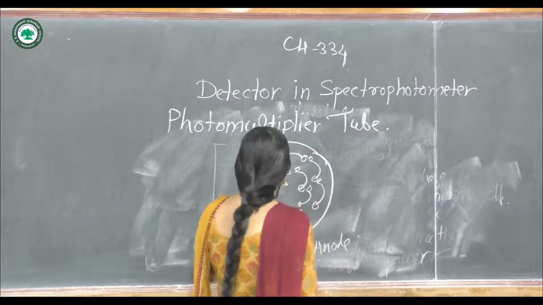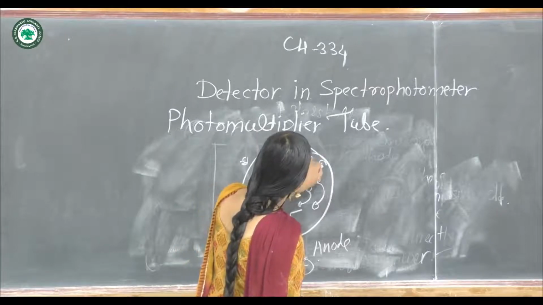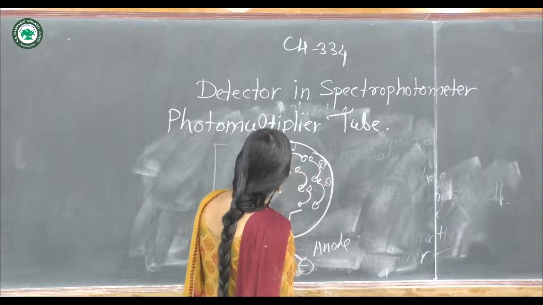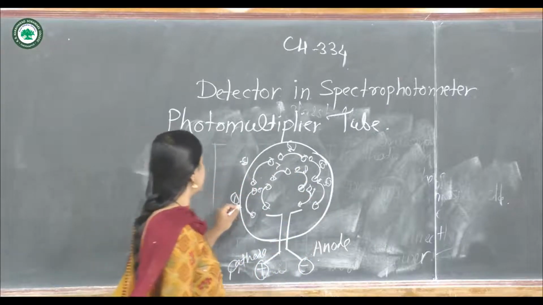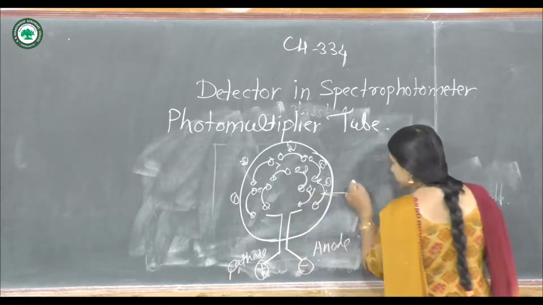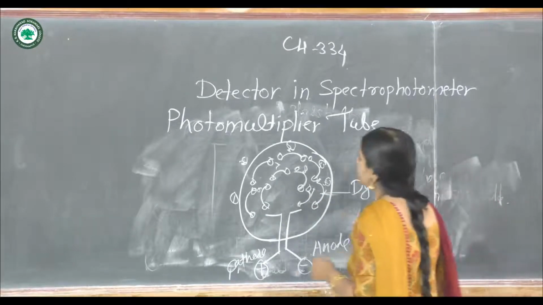So in this way, first, second, third, fourth, fifth, 6, 7, 8 and 9, the cathode and anode along with the 9 diodes. This is the arrangement in case of photomultiplier tubes.